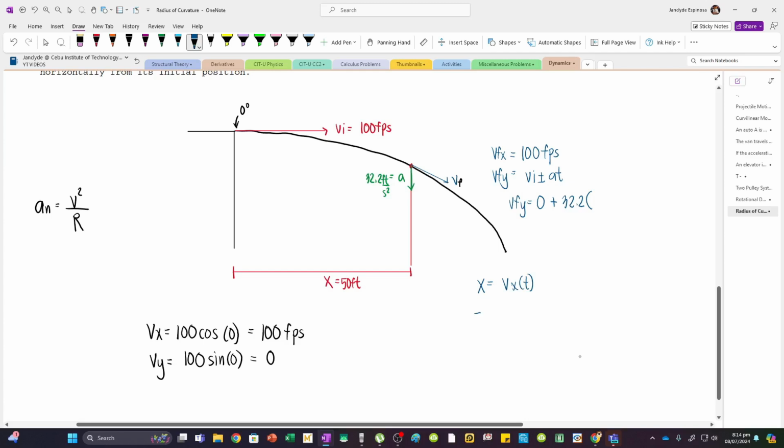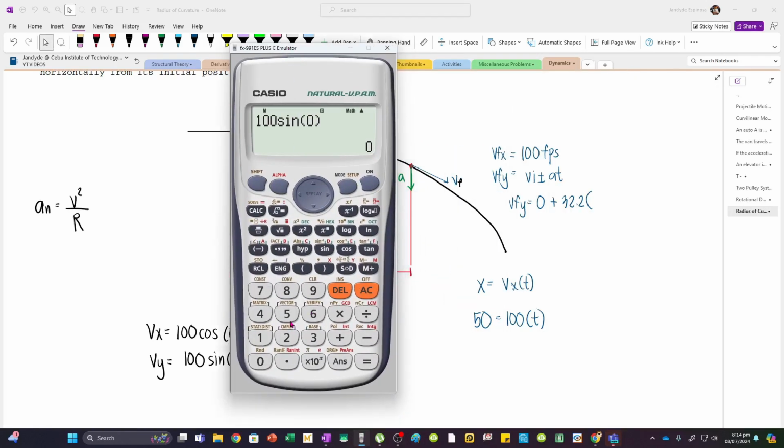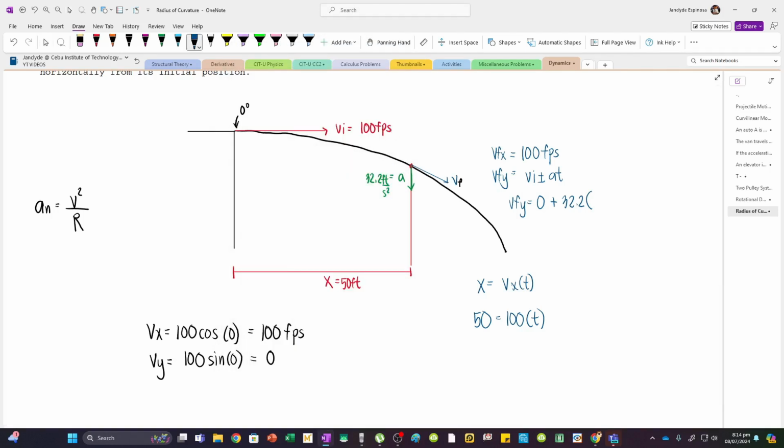So, we have a distance of 50 equals 100 multiplied by T. So, T is 50 over 100. This gives us 0.5. So, T equals 0.5.